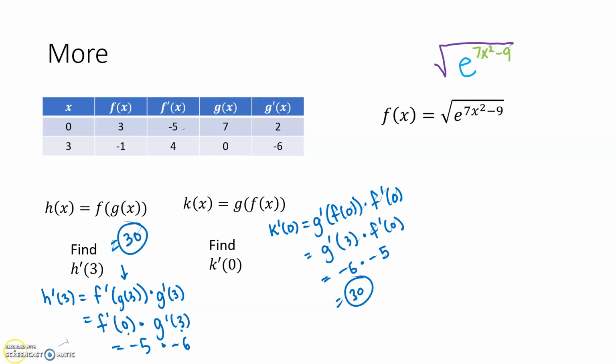So I'm going to go back. f prime would be 1/2 raised to the negative 1/2 power, because that's the derivative of square root. I'm going to leave the baby alone and give myself enough room.